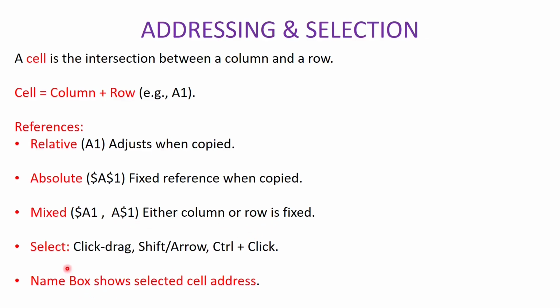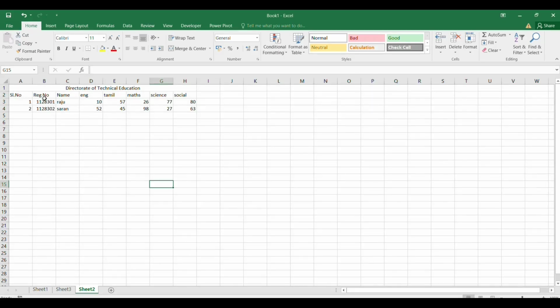And next is selecting a cell. So in Excel, selection is done with the help of click and drag to select multiple cells, or you can hold Shift and use the arrow keys for continuous selection.